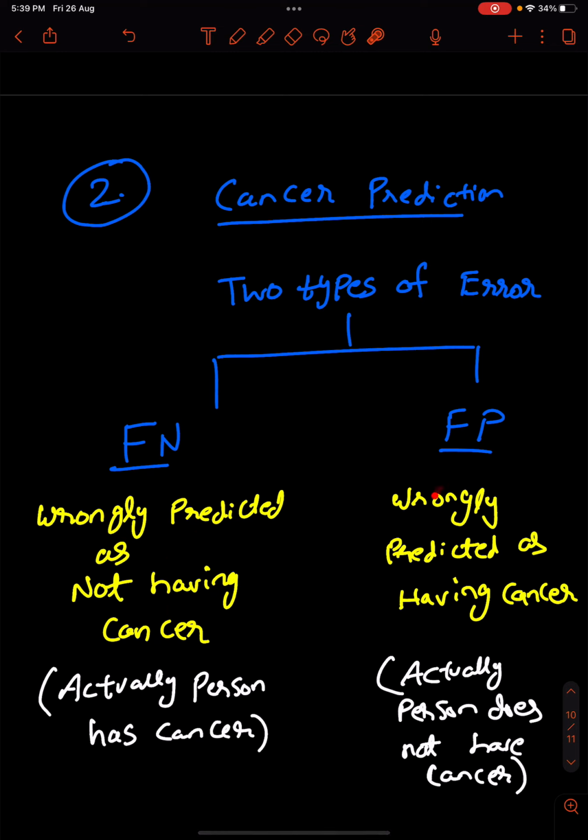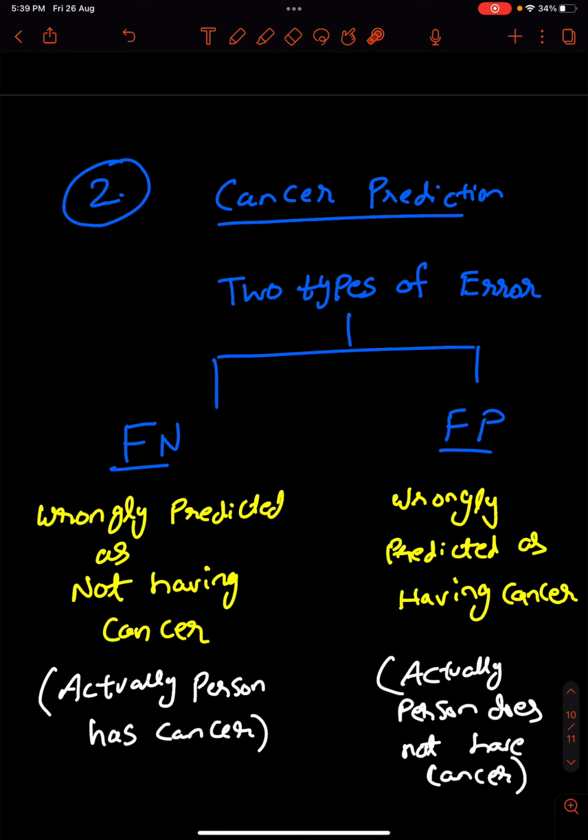Of these two possible errors, which error do you think is more problematic or more dangerous? What do you think is the more dangerous thing over here, which you want to reduce? Just think about it. So, do you think this one or this one? If you guess it correctly, obviously, I do not want my model to predict not having cancer when actually the person has cancer.